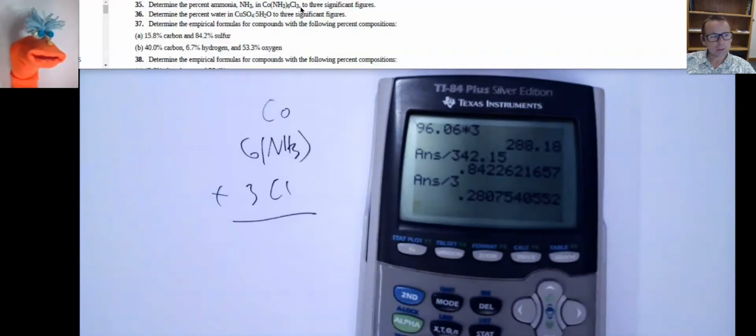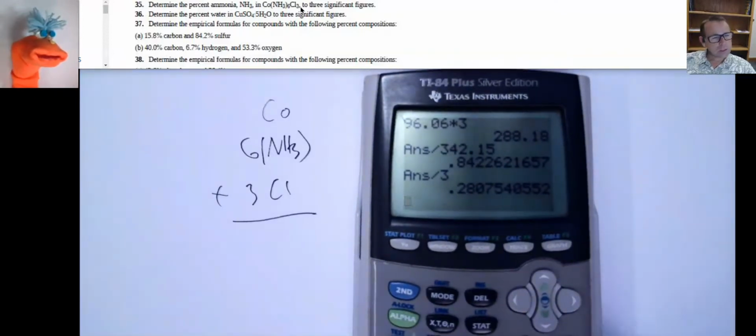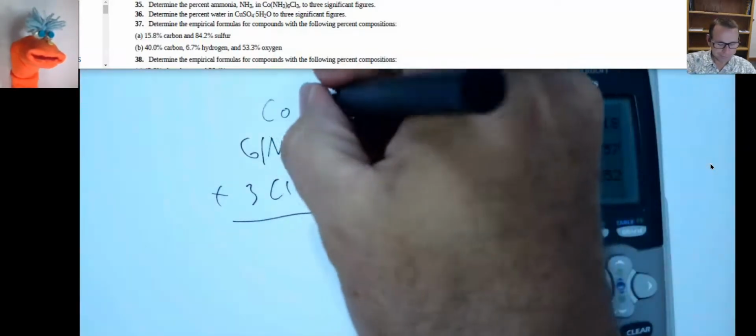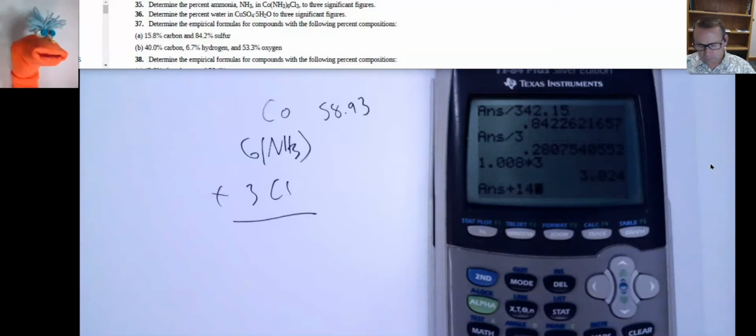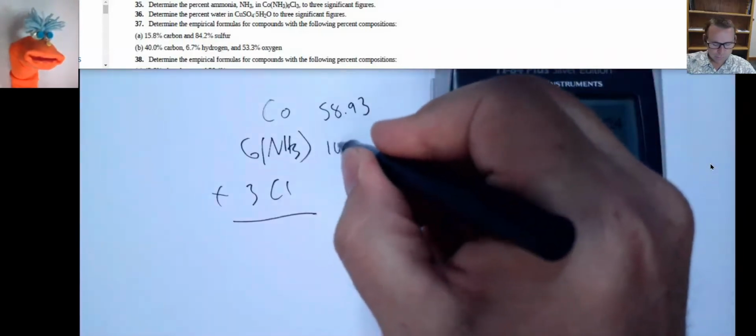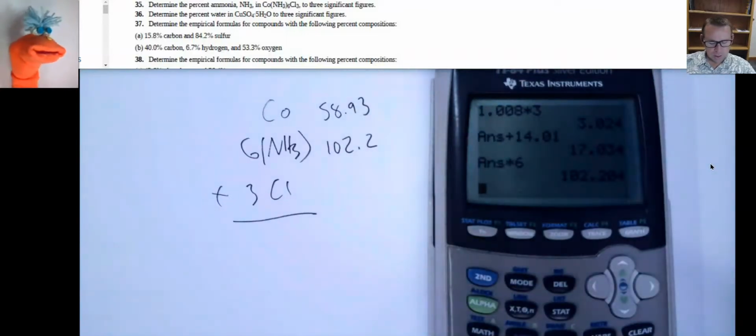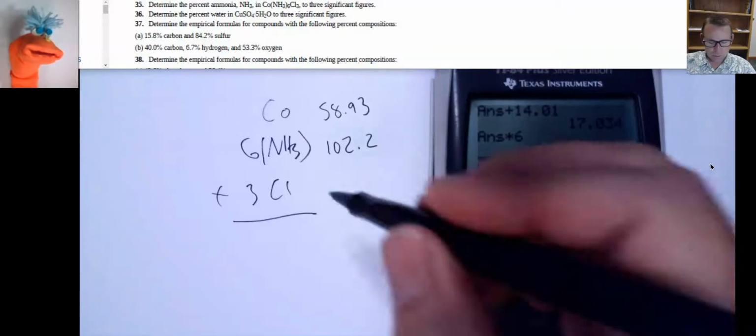Get a little bit better light on the calculator there. All right, so cobalt, 58.93. Ammonia is going to be 1.008 times 3 plus 14.01. So 17.034 times 6, 102.2. And then chlorine is going to be 35.45 times 3, which is 106.35.